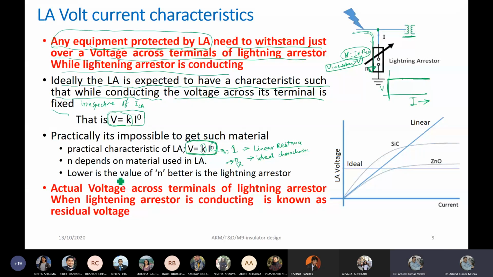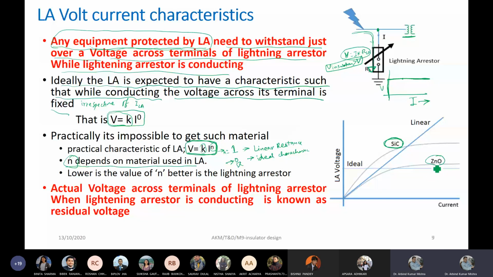It depends of course on the material property. The N in this expression depends on the material used in the lightning arrester. Basically, there are two types of material used in advanced lightning arresters. One is called silicon carbide, and another is called zinc oxide, which is also known as metal oxide.